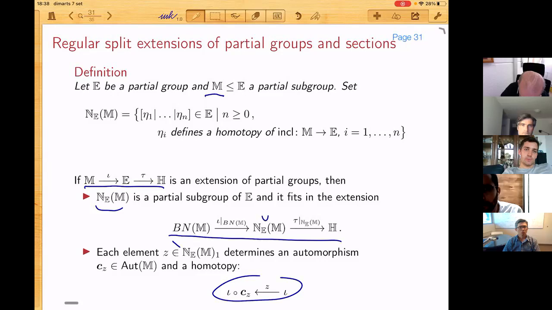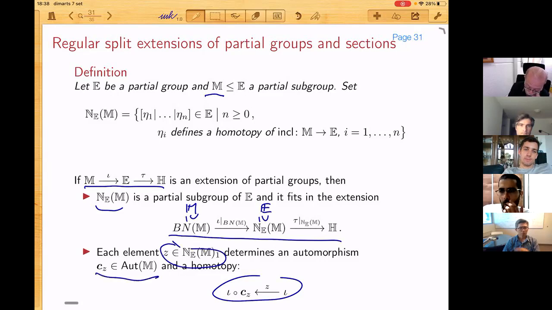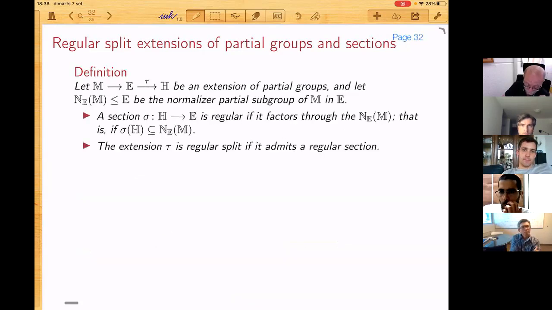So this is inside E, and this is inside M, right? So this is a sequence inside the other one, an extension inside the other one, right? And the point is that each element in here determines an automorphism like this in M, which is conjugation by C, right? So you know that this is preparing for sections.